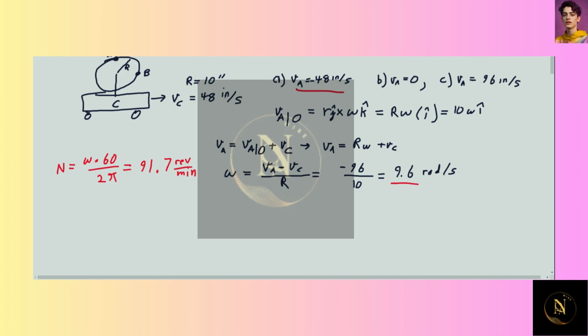I'll highlight all the stuff in part A in red. For part B, we use VA equals 0. If VA equals 0, we find about 4.8 radians per second, which would give us exactly about half of what we had here for the revolutions per minute, 45.8 revolutions per minute.